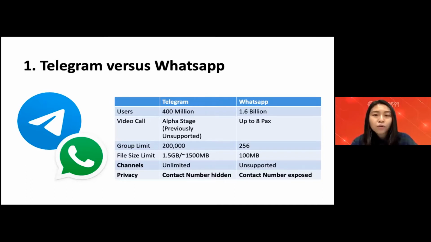But for Telegram, if I don't know this person and I don't have his contact in my phone, I can only see his username, and I don't get to see his contact number. The only time I get to see his contact number is if I know this person and have his contact in my phone, which is why some of us prefer using Telegram sometimes over WhatsApp.